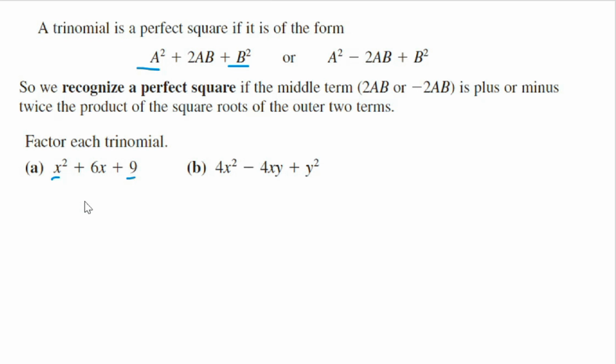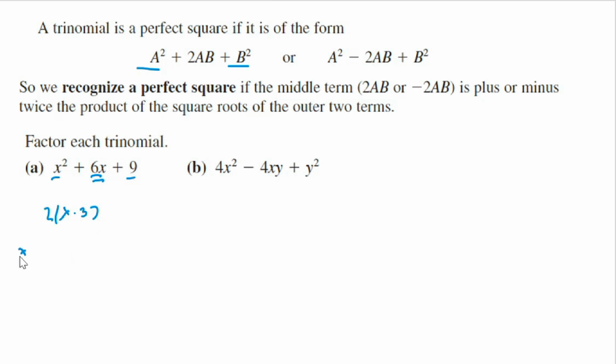So we could say now that the square root of x squared is x, the square root of 9 is 3, and then twice the product will give you 6x. This is x times 3 is 3x, times 2 will give you now 6x.